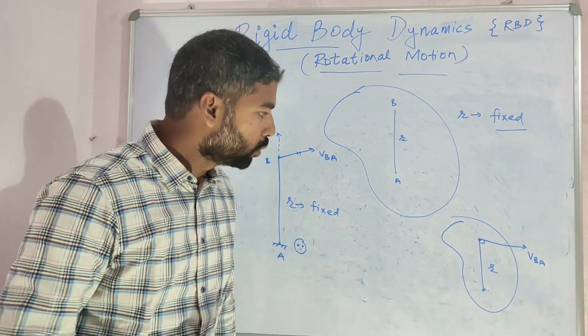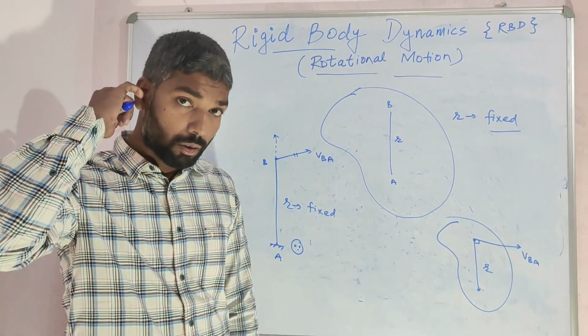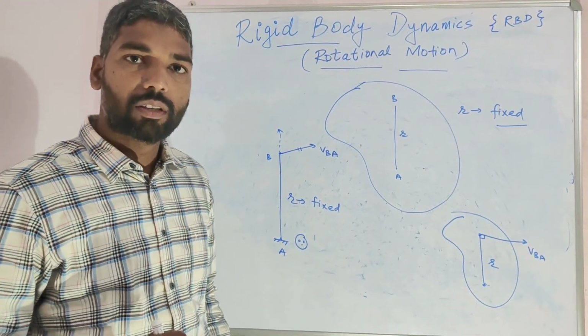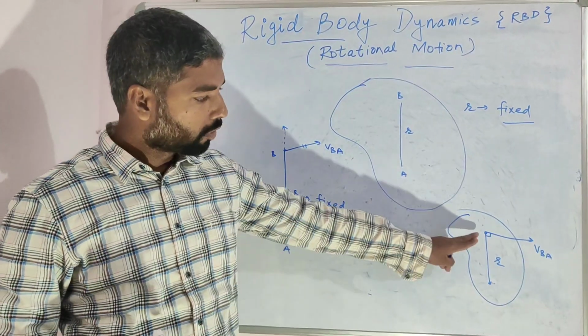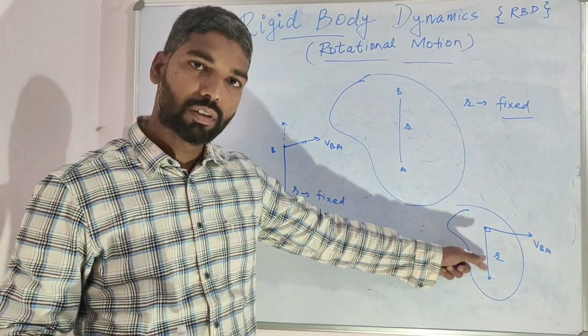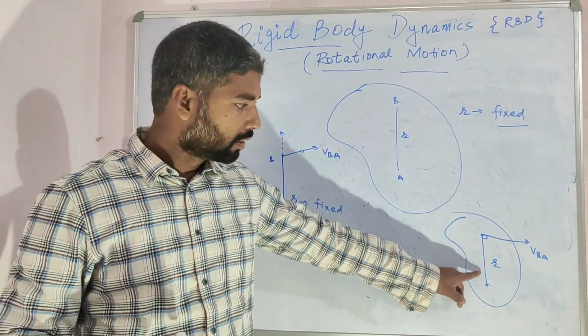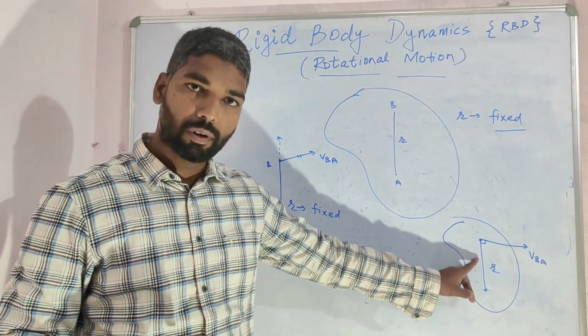So what kind of motion does B perform with respect to A? When observed from A, B will always be performing circular motion, because this is a property of circular motion. The distance between the object and observer is fixed and the velocity is always perpendicular.